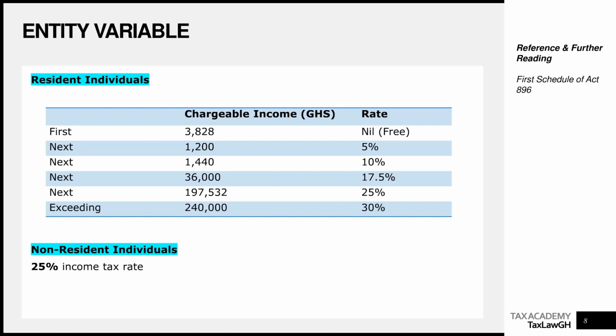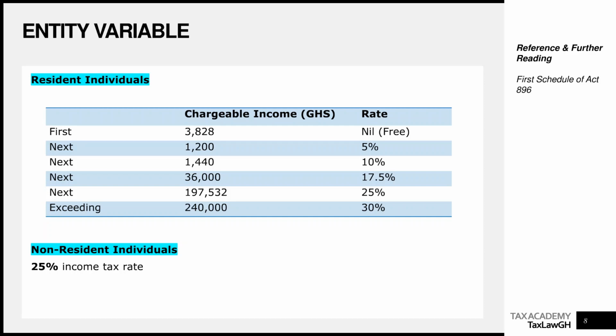Then your next 1,002 will attract 5% income tax. Your next 1,440 will attract 10%. Your next 36,000 will attract 17.5%, all the way up to 30% when you are earning in excess of 240,000 for a year. As opposed to a non-resident individual who is taxed income tax wise at a flat rate of 25%.